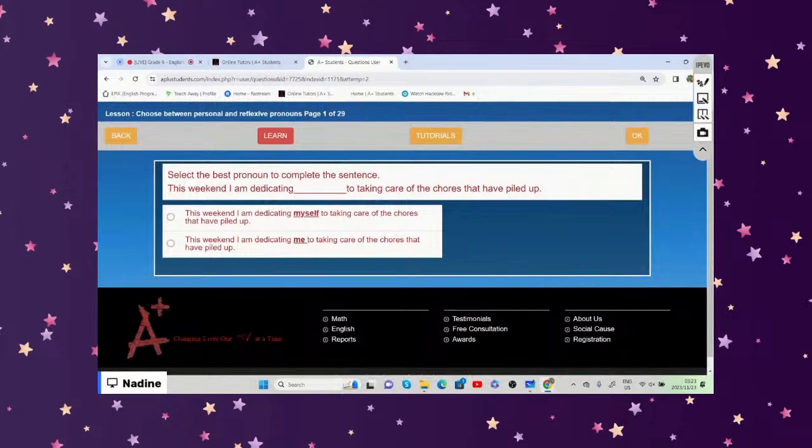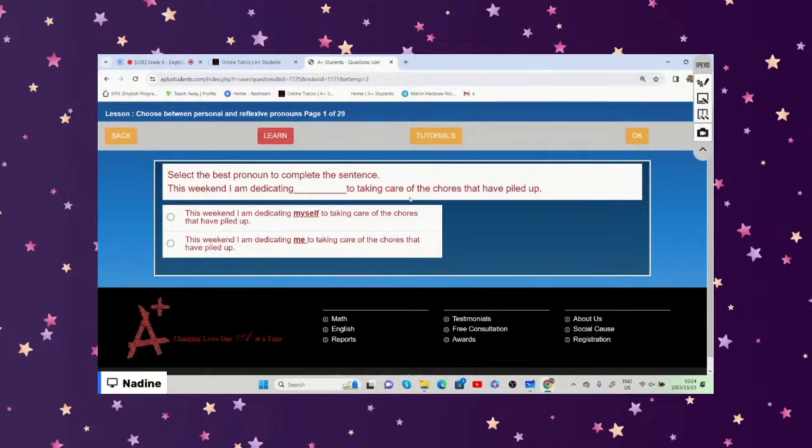"This weekend, I am dedicating myself to taking care of the chores that have piled up," or "I'm dedicating me to taking care of the chores that have piled up." So we need to choose either the word myself, which is option one, or me, which is option two.